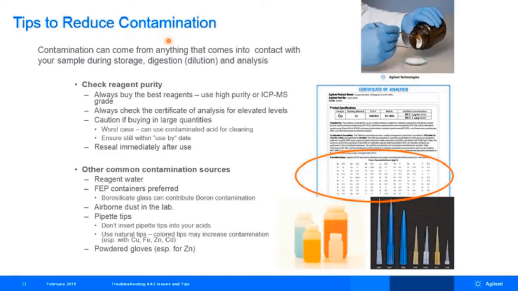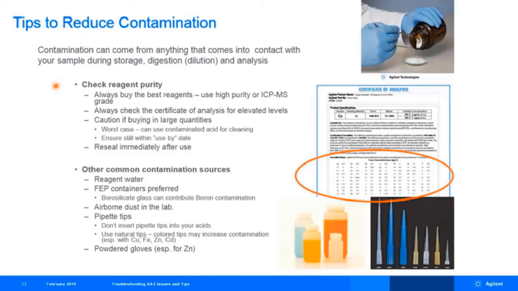You also have to think about the chance of contamination, because contamination can come from everything that your sample comes into contact with, whether it's during storage, whether it's during digestion, or even during analysis. So think about things like the purity of the reagents that you're working with.